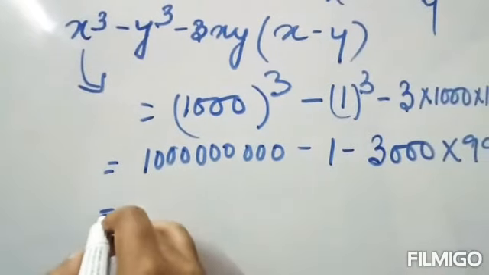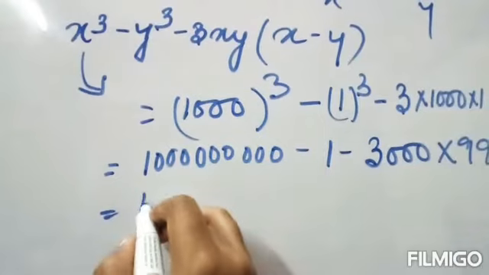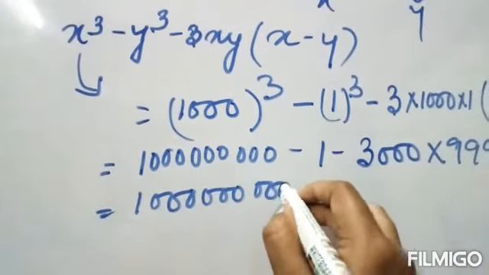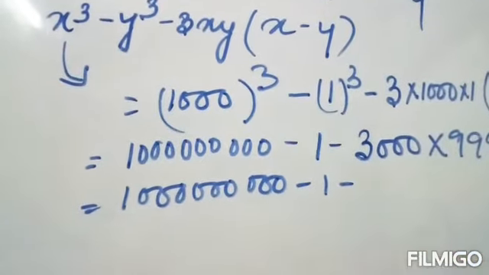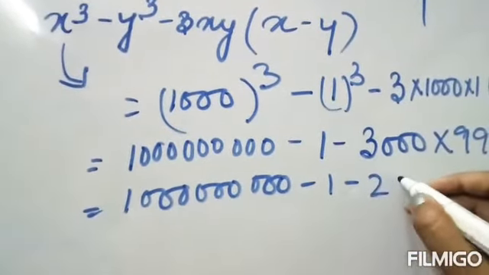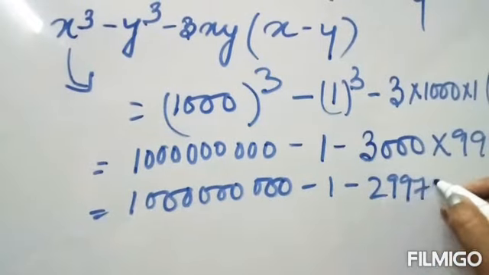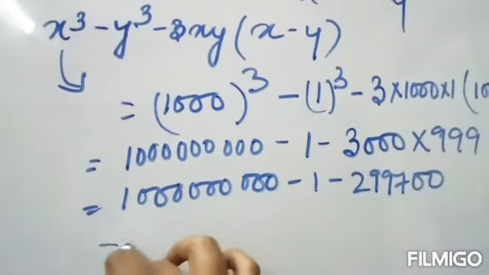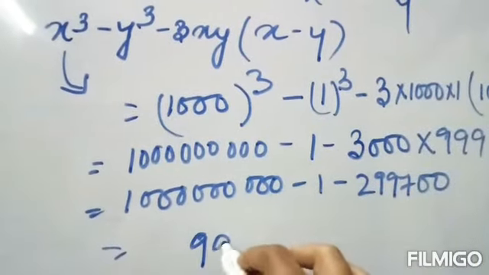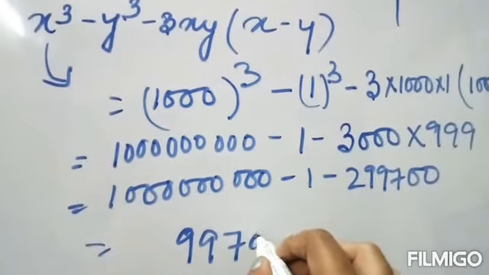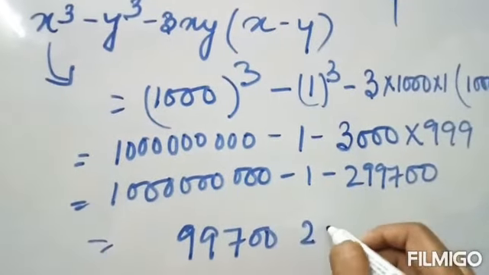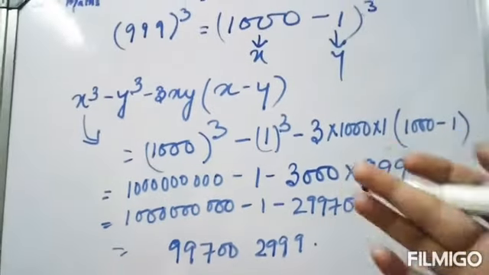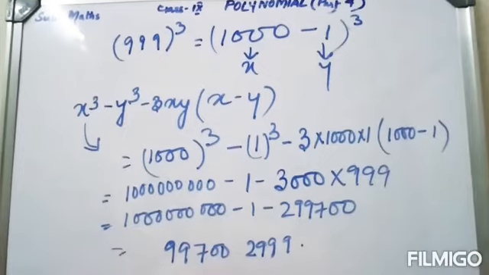When we multiply this, we'll get 1000000000 minus 1 minus 2,997,000. So when we solve this, we'll get 997002999. You can see it by your calculator also.